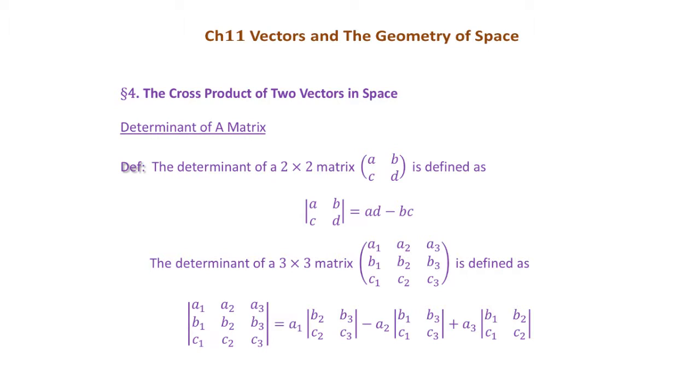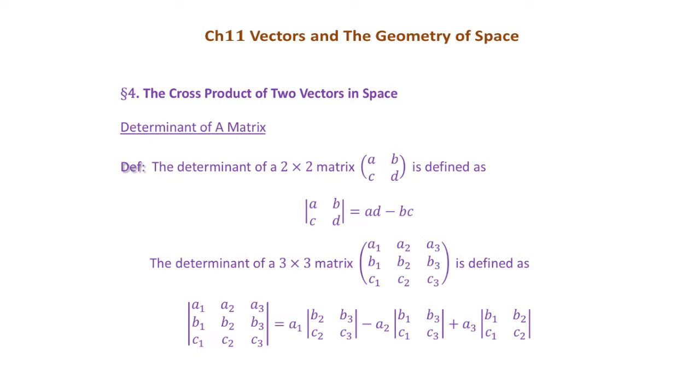What you do here is pick up the first entry or element, A1. That's the first row and the first column entry. And then if you just cross out or delete the first row and the first column, what you're left with is just B2, B3, and C2, C3, right?